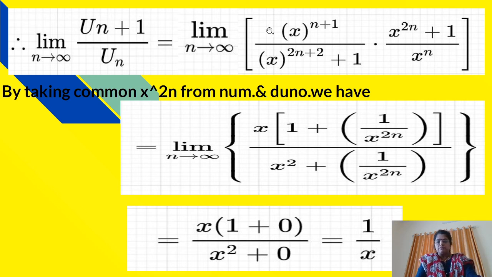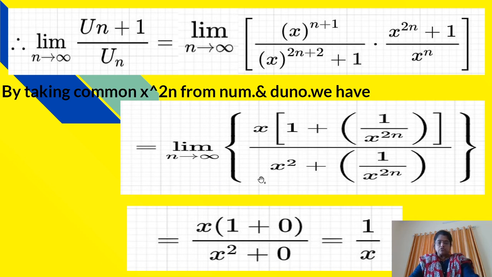Now here this x raised to n plus 1 upon x raised to n part will be x. From the numerator and denominator we will take common x raised to 2n, and therefore it is equal to limit n tends to infinity x in the bracket 1 plus 1 upon x raised to 2n upon x square plus 1 upon x raised to 2n.